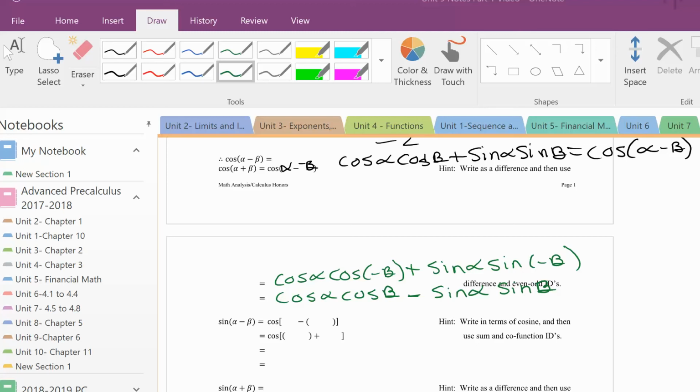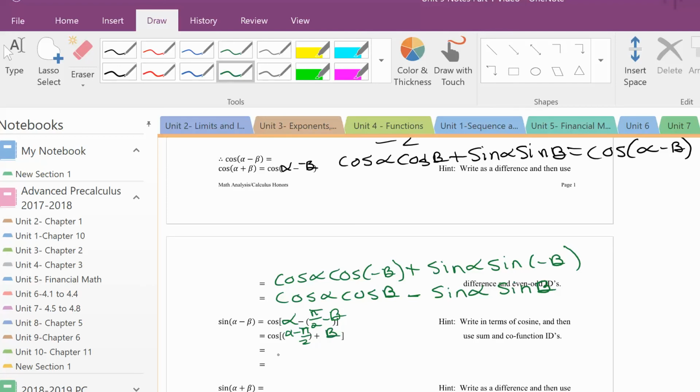So then to do the sine, remember that would be the same as saying alpha minus pi over 2 minus beta. So when you distribute the negative, you're going to have cosine of alpha minus pi over 2 plus beta.